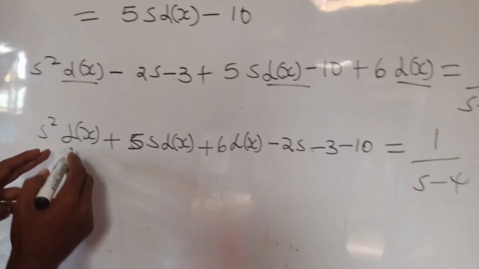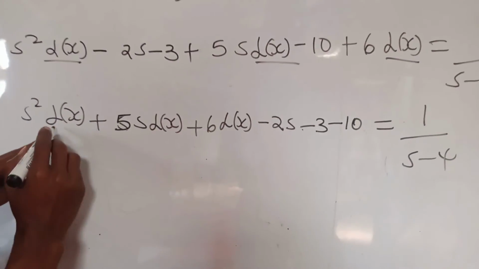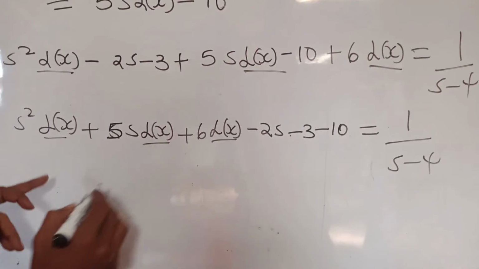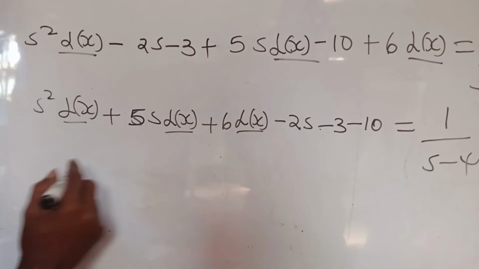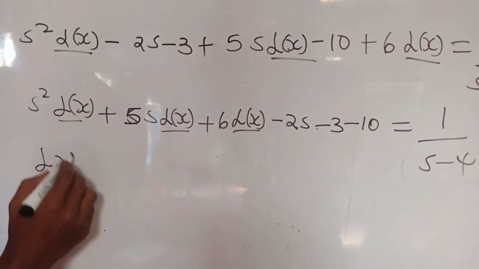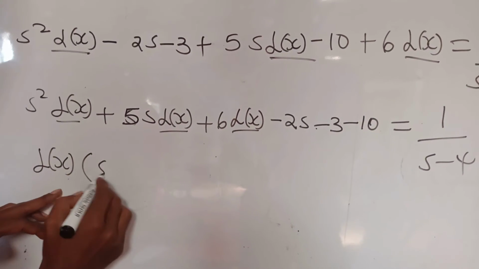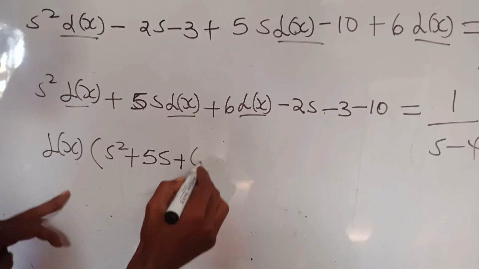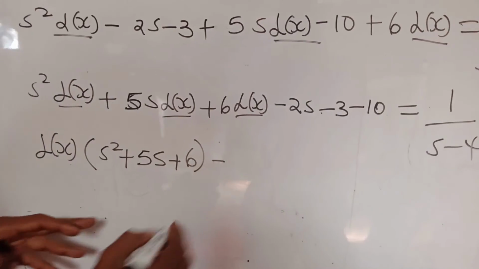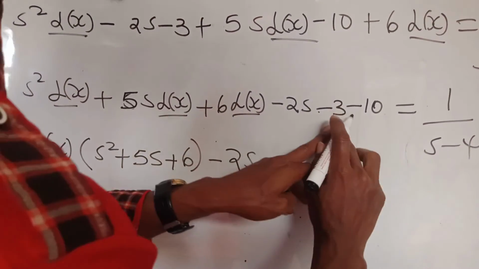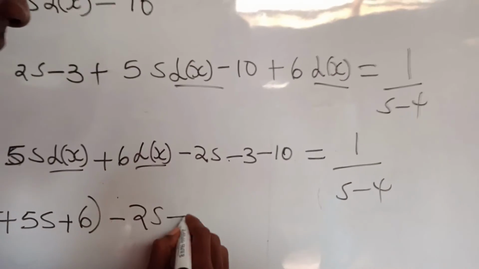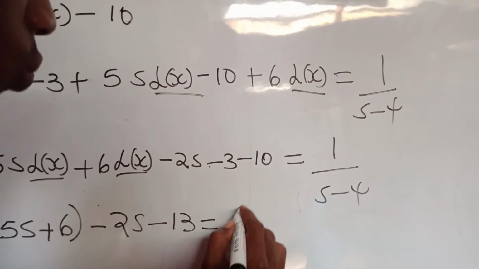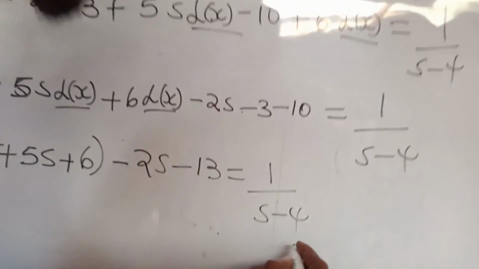Okay, so we can factor out L of x outside the brackets. So L of x into s squared plus 5s plus 6, minus 2s, remember this is minus 3 minus 10, we get minus 13, is equals to 1 over s minus 4.